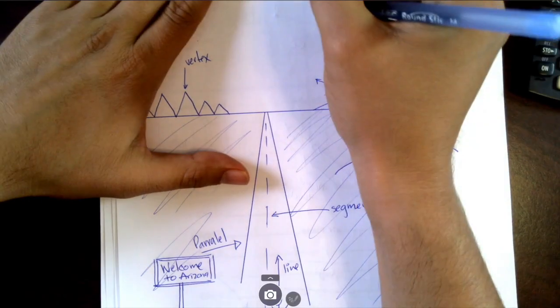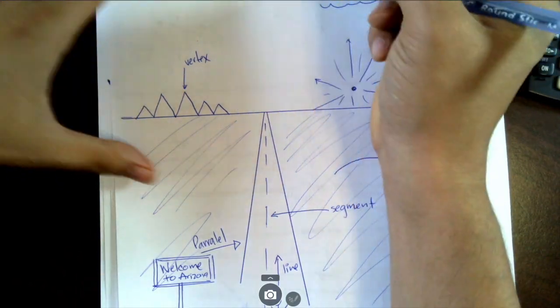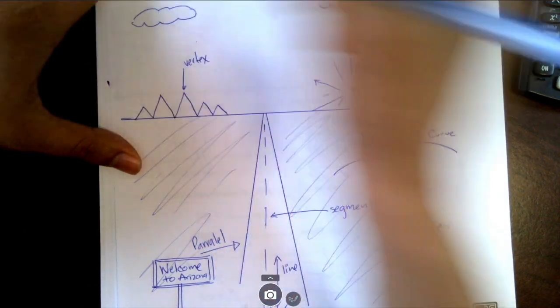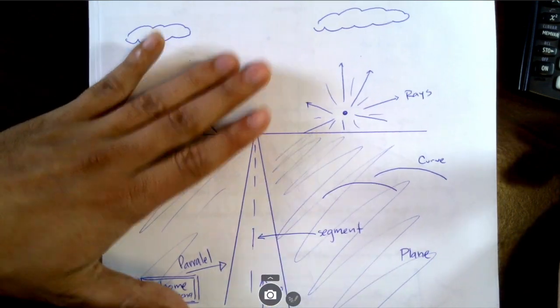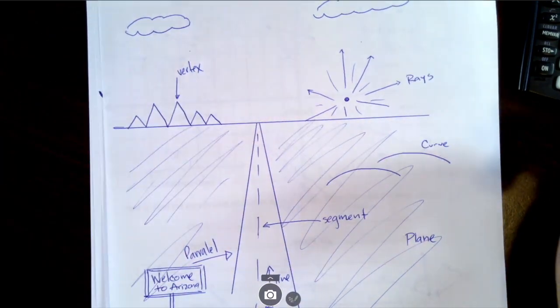I don't know if that's cheating, but I'm going to draw a couple more things just to kind of fill it in. That's my painting, or that's my drawing. I want you to get as creative as you can possibly get when you do this assignment, because I do give you plenty of time. And if you can use some color, I'll give you guys some extra credit.